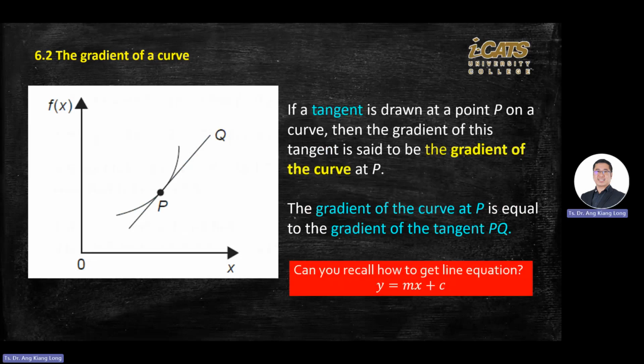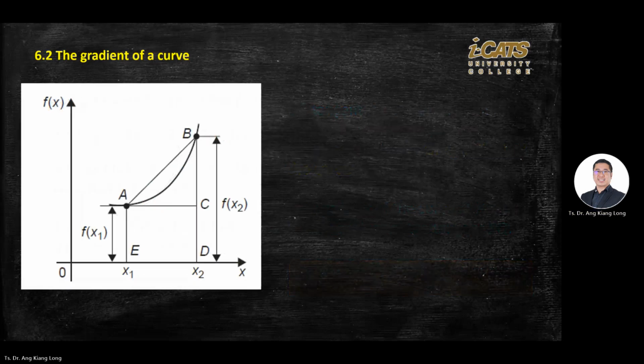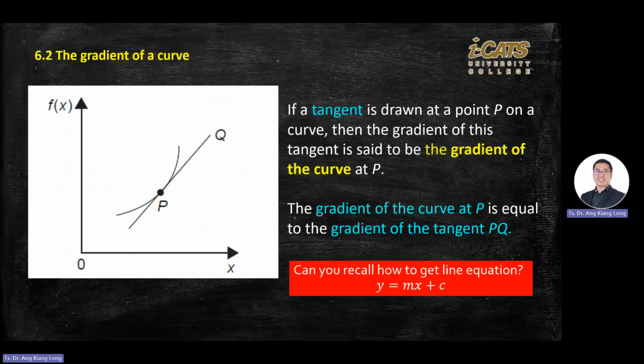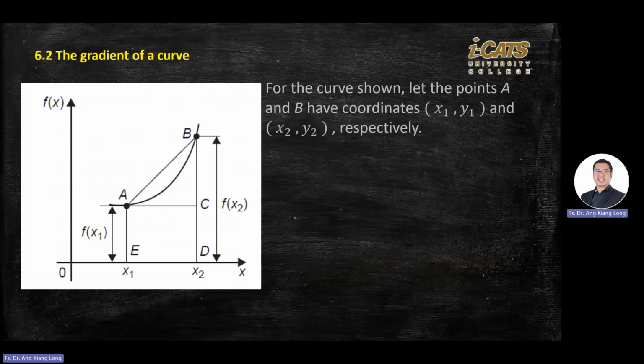If we have a straight line, we can define it with y equals mx plus c. This should be familiar. Here we upgrade the graph to something a little more complex. Just now we had the curve, and now we label point A and point B. To find point A, you project the point to the y-axis and x-axis.